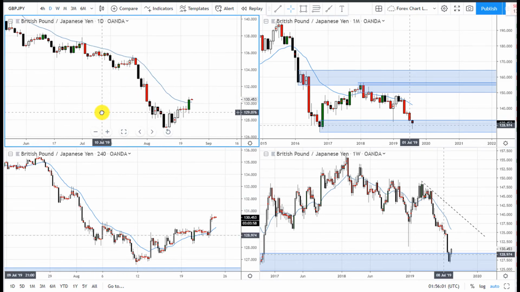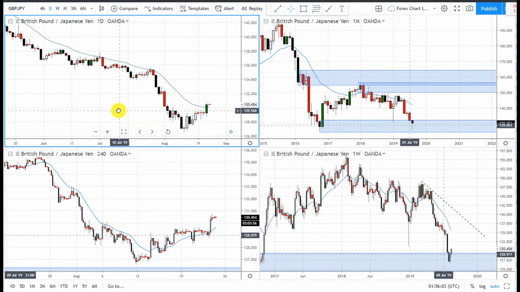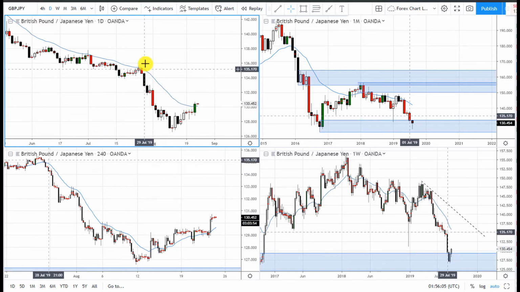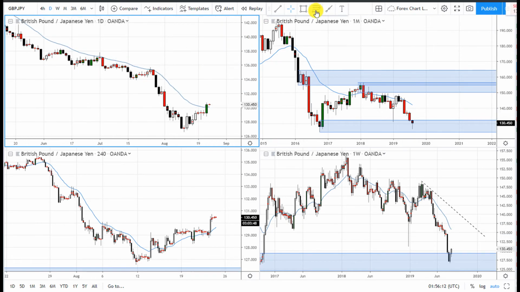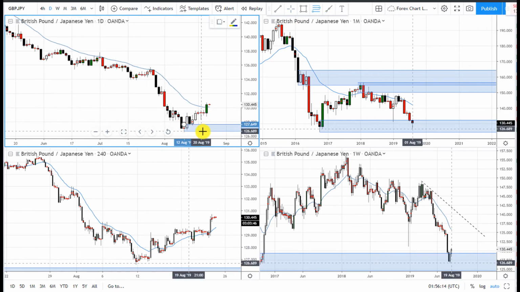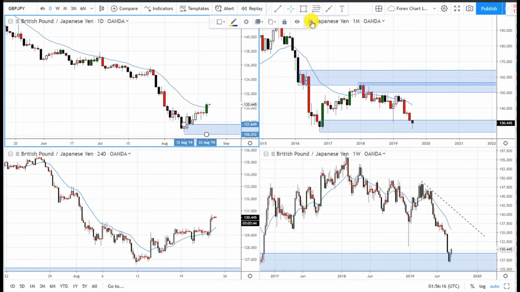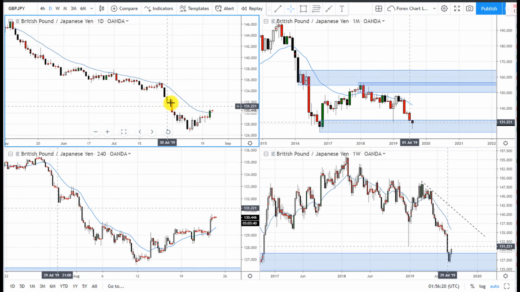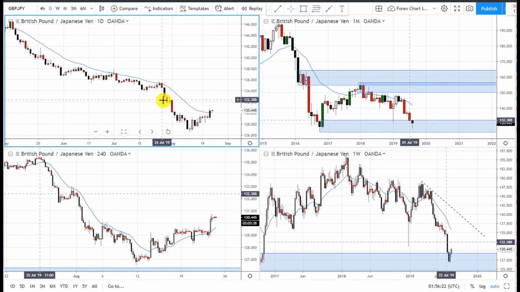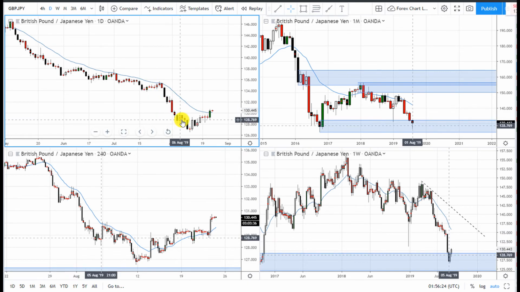On the daily, we have price just dropping. It's dropping, but then now it created an area of demand right here. Let's see. So did it drop, base, drop, drop, base, drop, base, drop.